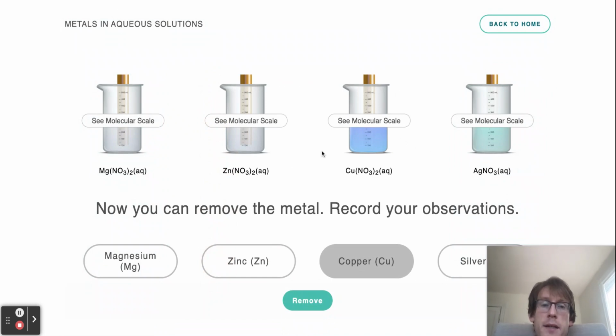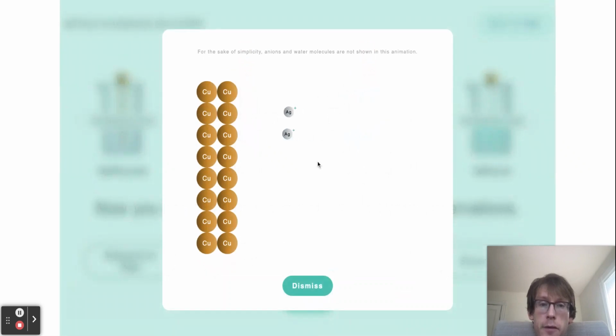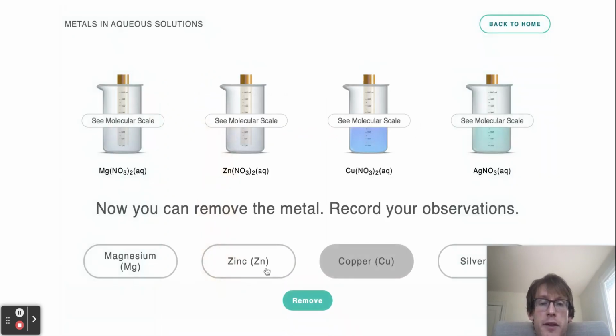On the other hand, the copper will react with the silver because silver is even less active than copper. And so, as two silver ions approach a copper atom, the copper atom gives each silver ion an electron, and those silver ions go from positive to neutral, and the copper goes away into aqueous solution as copper positive 2.